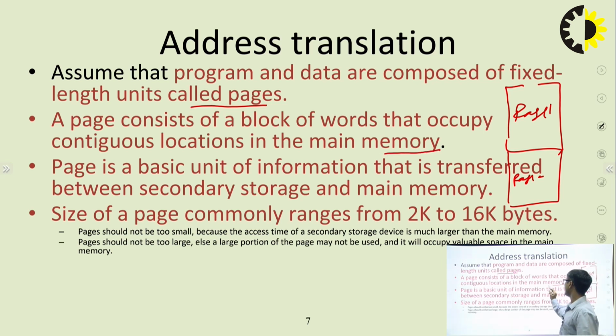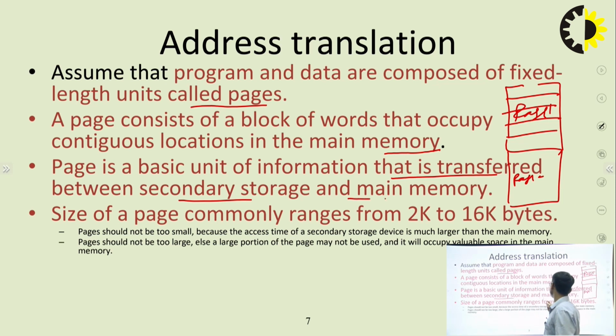We know that the cache contains blocks of bytes or words, that is, a grouping of locations in the cache. Likewise, each page is further broken into blocks, and each block is broken into the actual addressable bytes or words. So the page is the basic unit of information that is transferred between secondary storage and the main memory.